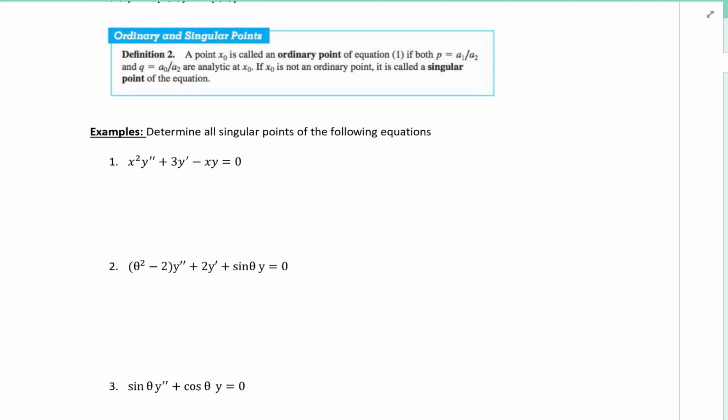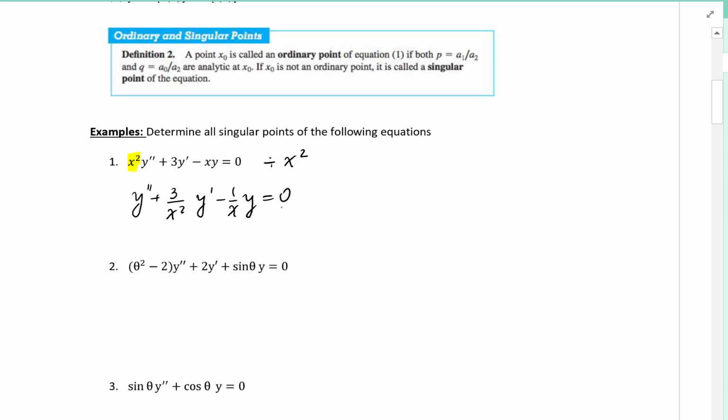So the first example says determine all singular points of the following equation. In order to do that, I'm going to divide the equation by x squared, because that is the coefficient of the highest power. So I'm going to get y double prime plus 3 over x squared y prime minus 1 over x y equals 0.